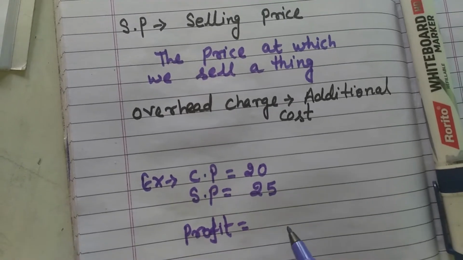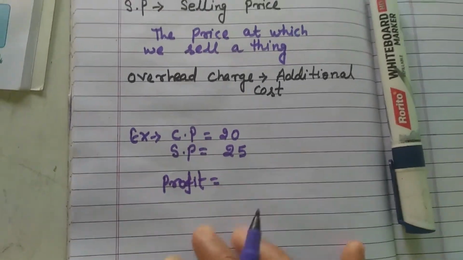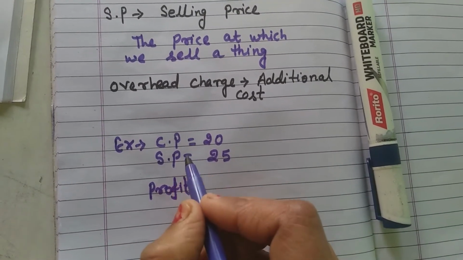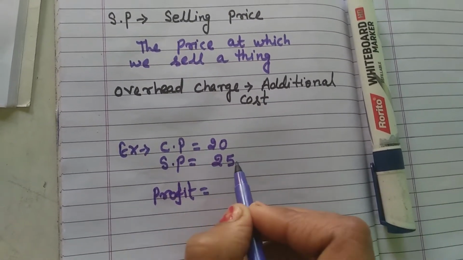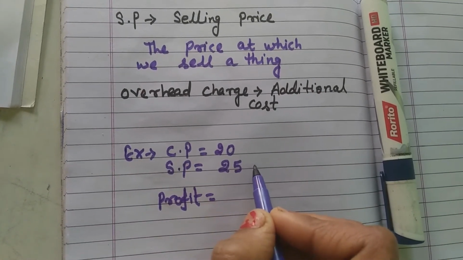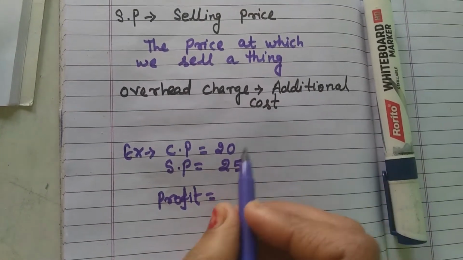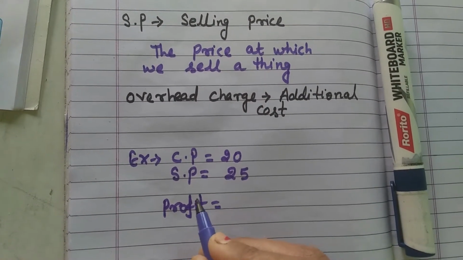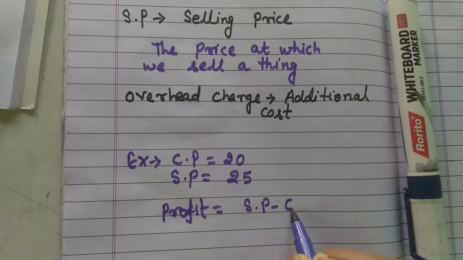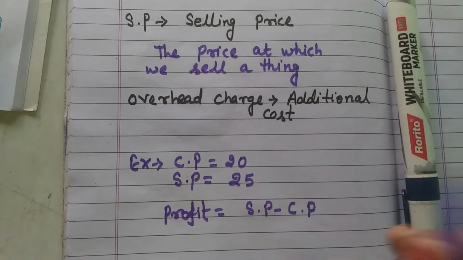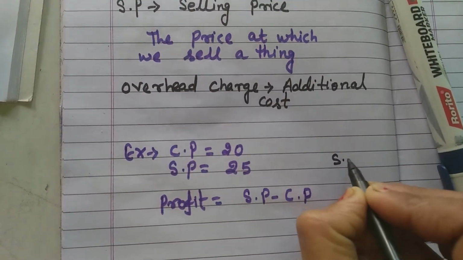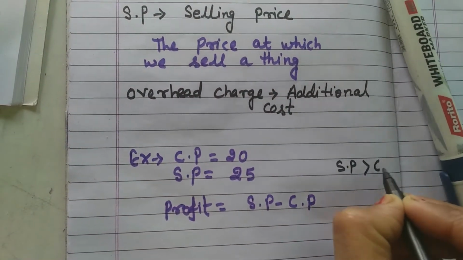How can we find profit? By subtracting the cost price from the selling price, because the selling price is greater. You can see 25 rupees is the price at which you are selling this marker. So how will you find this profit? SP minus CP. You can see here SP is greater than CP.